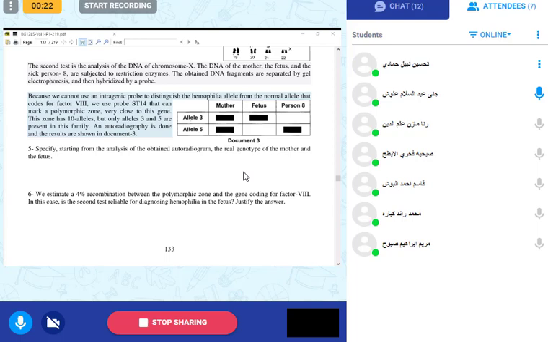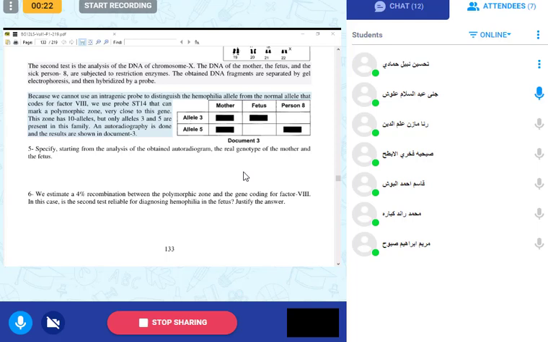What do you think now? What is the genotype of the mother and the genotype of the fetus? The real one. This is your answer. Please.